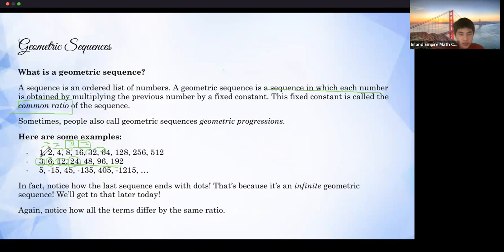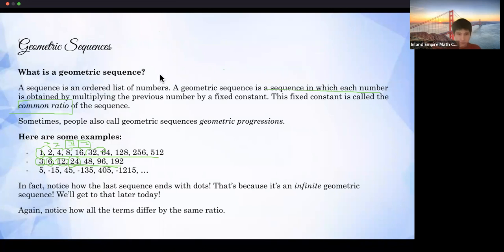In the first example, the common ratio is 2 because you multiply each number by 2 to get the next number in the list. So does anyone know the common ratio of the second sequence? Yes, Jasper said 2. That is correct.